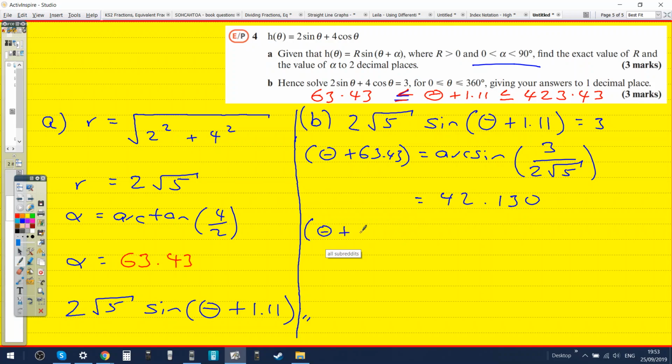What did you get? 137.87. Yep. Then the next one is 360 plus 42.13, which is 402.13. And that is pretty much as big as you're going to get.